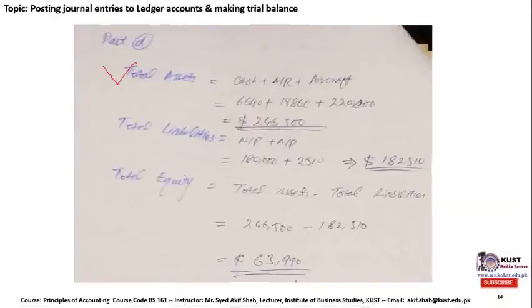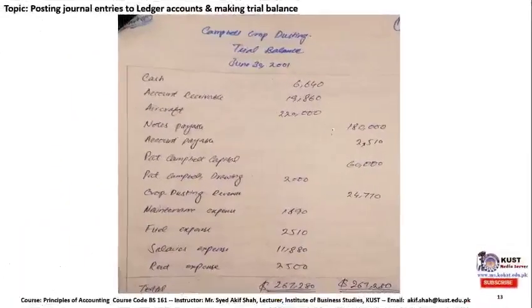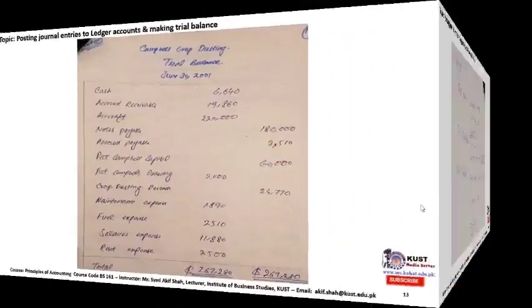Total assets are cash, accounts receivable, and aircraft. We can add up these three assets and get the total value for assets. Similarly, for total liabilities, as we can see in the previous section, there are only two liabilities, three assets, and two values related to owner's equity.